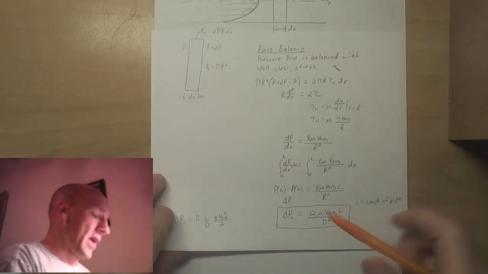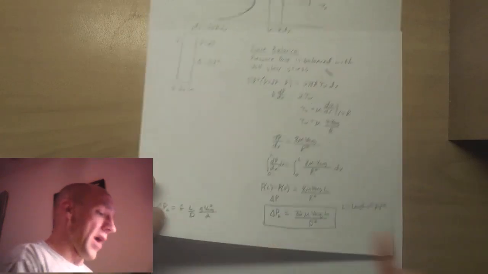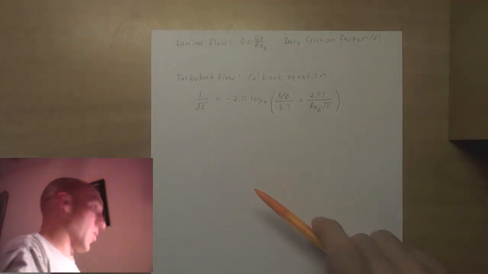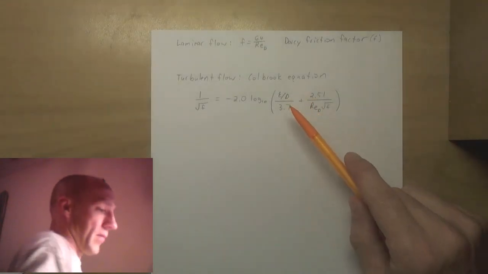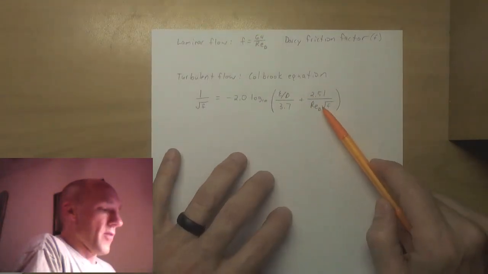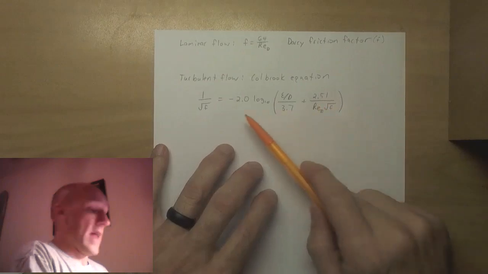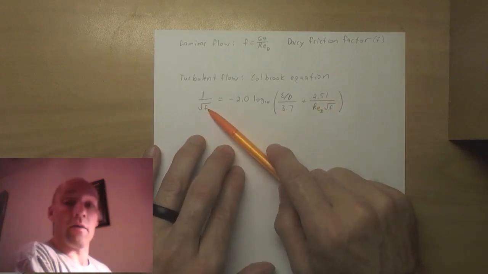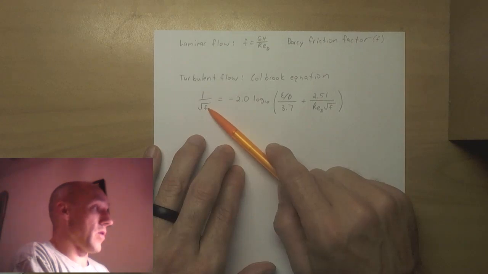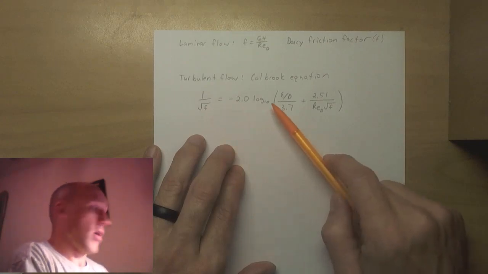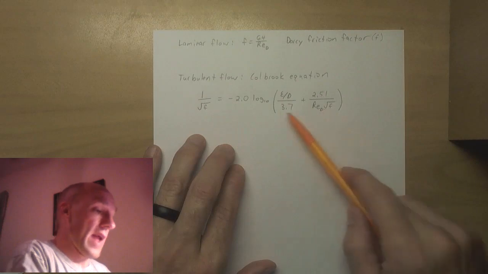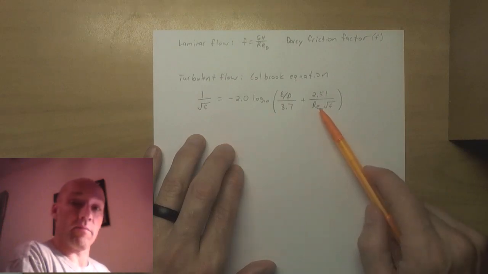But the bottom line is, someone, probably Colebrook, did a whole bunch of experiments and made a plot for the friction factor or something like that, and came up with this experimentally.